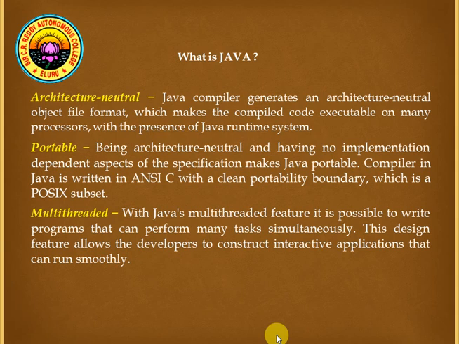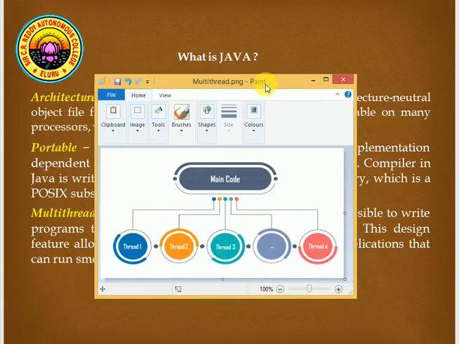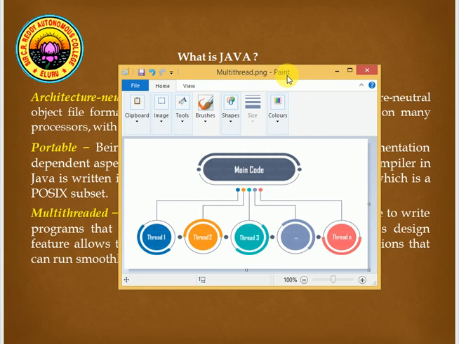Using this multi-threading concept, we can run different tasks. Here you see this is a main code or main thread. This main thread initiates 1, 2, 3, 4, 5 to n threads such that the program can do n tasks. This is multi-threading.